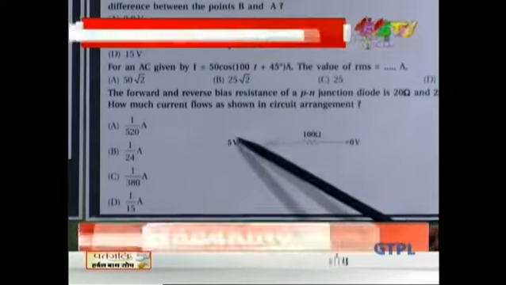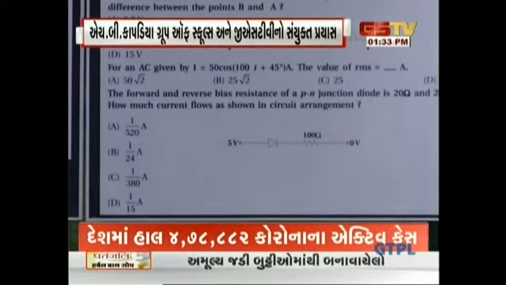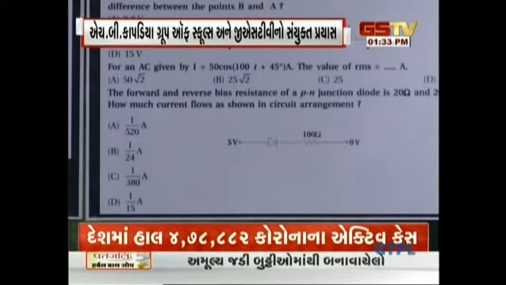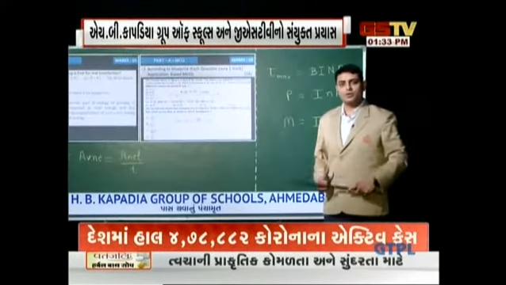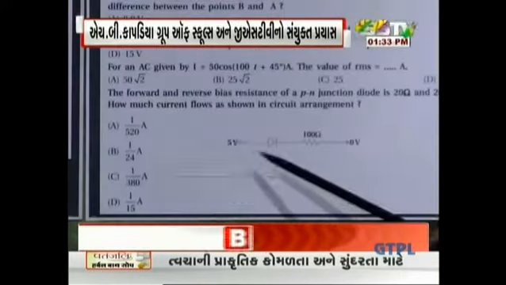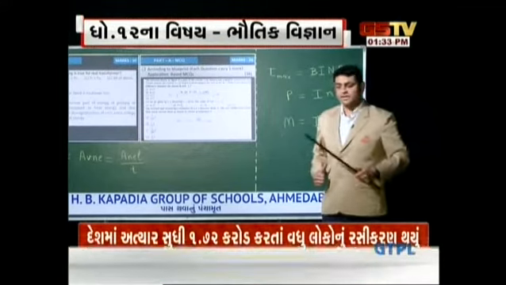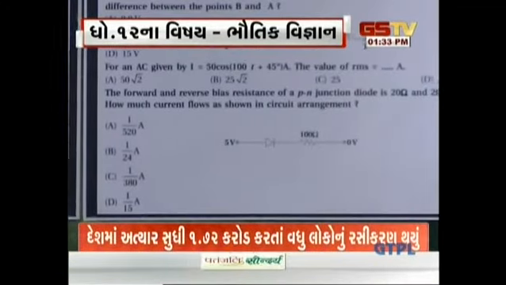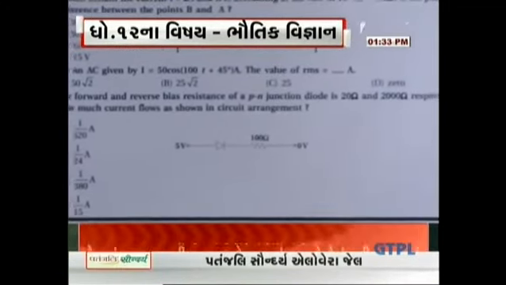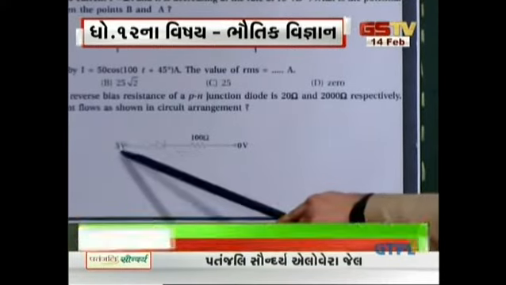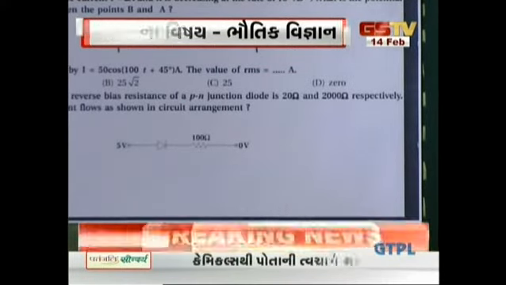When P is connected with positive and N is connected with negative, or we can say P is connected with higher potential and N is connected with lower potential, at that time the resistance is 20 ohm, whereas in the opposite case, that is in reverse bias condition, the resistance is 2000 ohm. So once again, when the current is flowing in this direction, the resistance is 20 ohm.